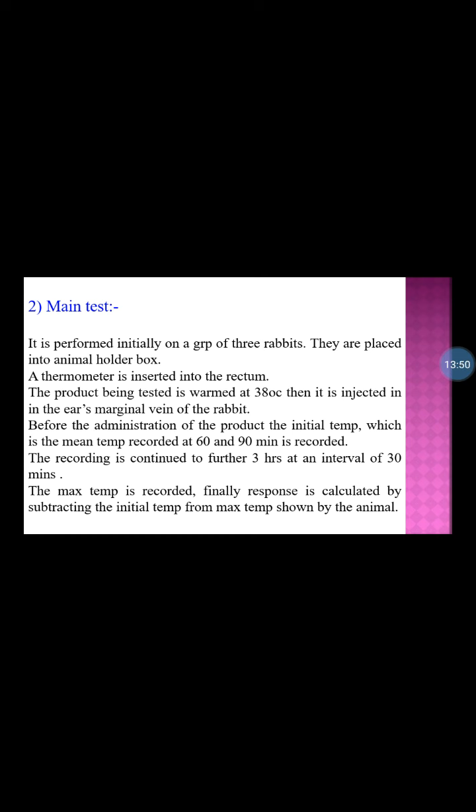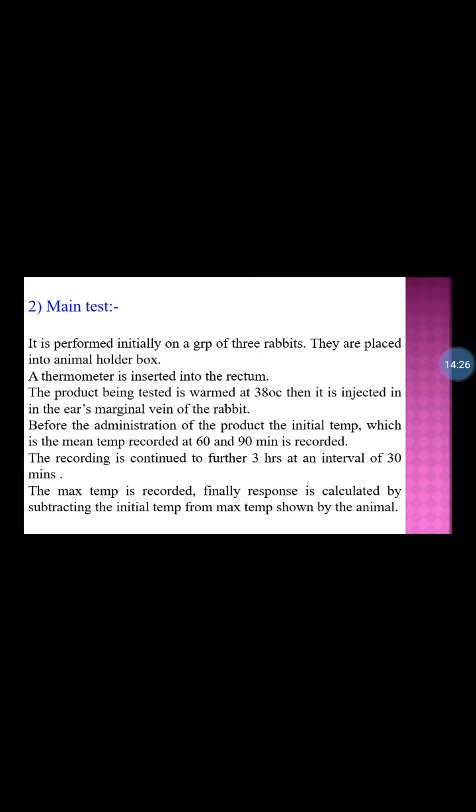If the preparation fails the test, then continue the test using 5 more rabbits, making a total of 8 rabbits. If not more than 3 of 8 rabbits show an individual response of 0.6 degrees Celsius or more, and if the sum of responses of the group of 8 rabbits does not exceed 3.6 degrees Celsius, the preparation passes the test.